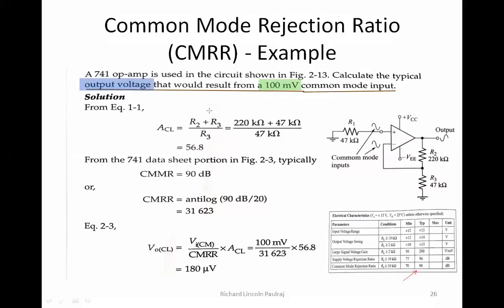Now we know that our ACL, the closed loop gain, involves resistors R2 and R3. So this R2 and R3 is acting as what? We have seen this previously. Only this section, in what mode is it? We have seen this circuit, this is not a new circuit.